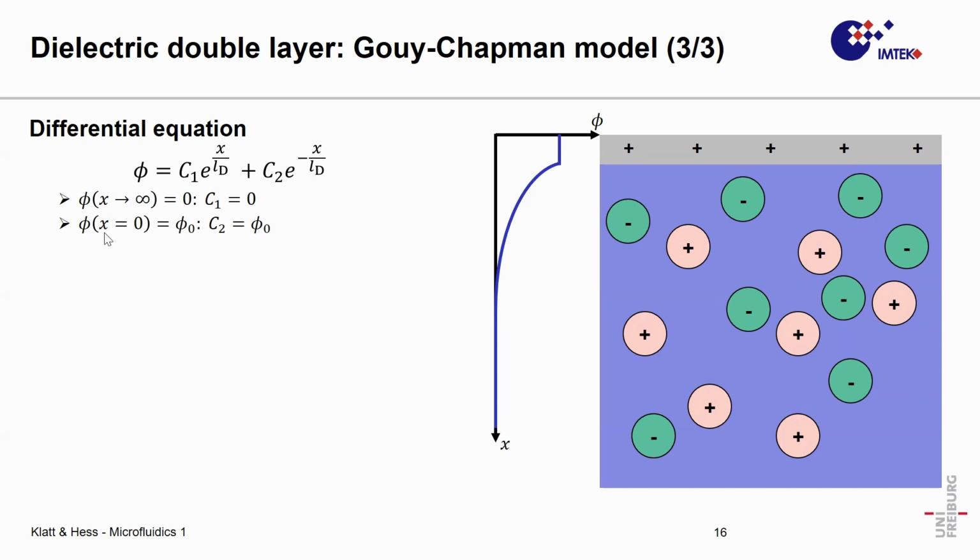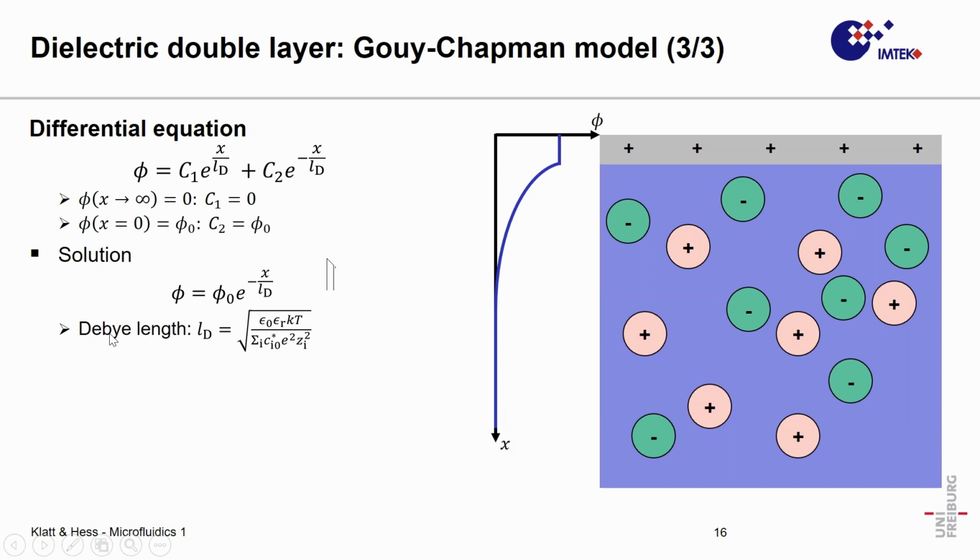The second boundary condition that we assume is that we know the potential at position 0, at the interface, and we call it phi 0. That's why we end up with C2 equals phi 0. This solution then is written here.